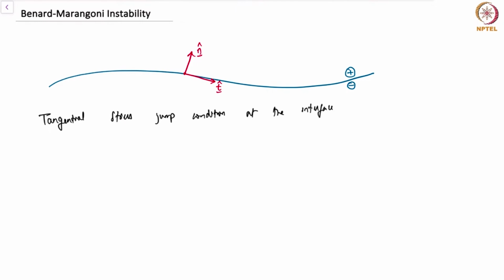We've already seen that this can be written as n dot tau dot T of the fluid above minus that of the fluid below. This is equal to minus T hat dot the surface gradient of the surface tension.